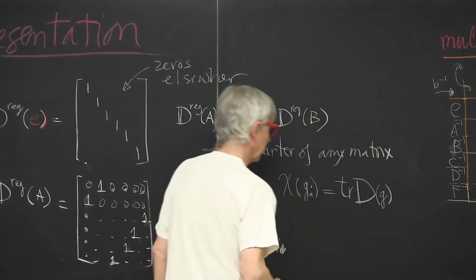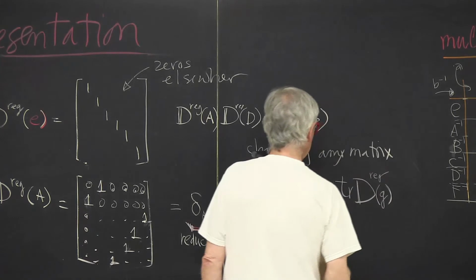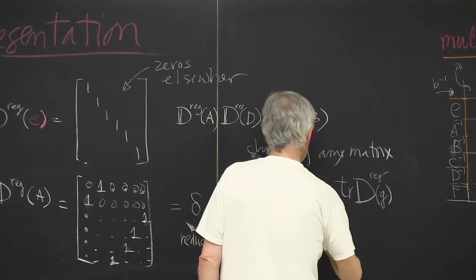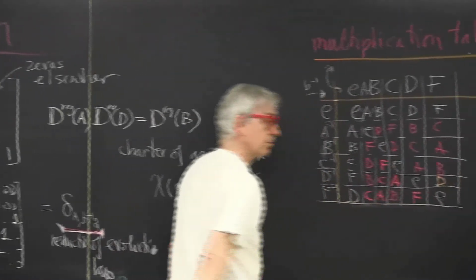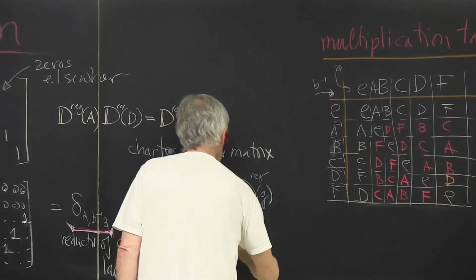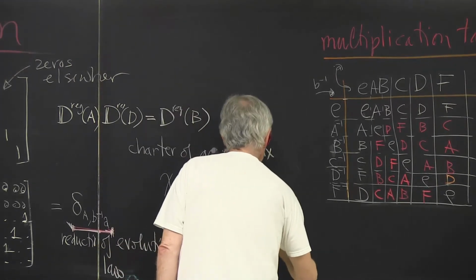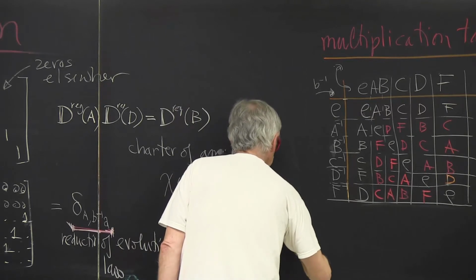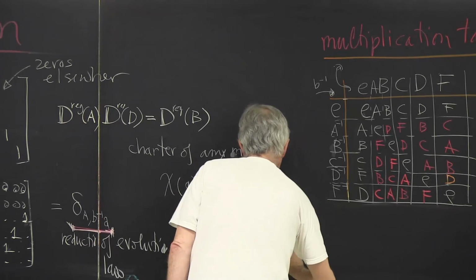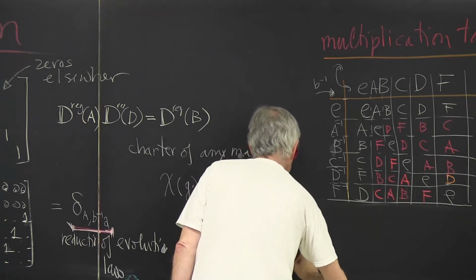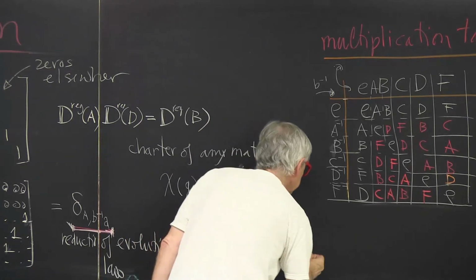But if this is a regular representation, then we find out that psi of identity is the number of elements in the group, the order of the group. And psi of any other element, g_i, is 0 if g_i is not equal to identity.